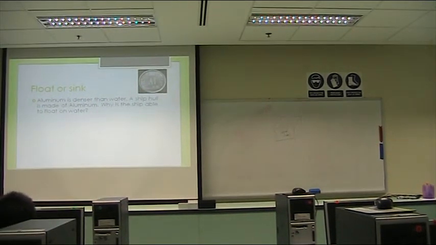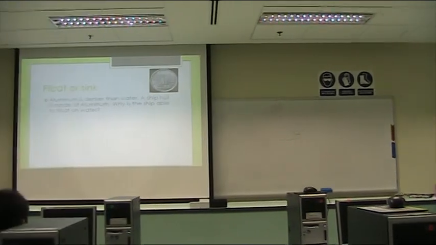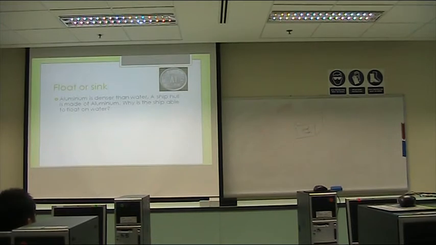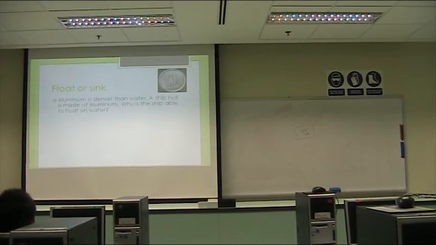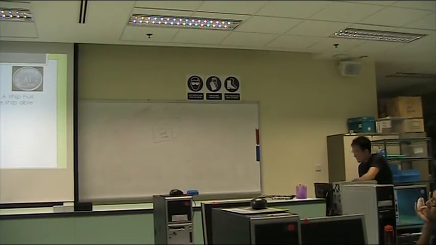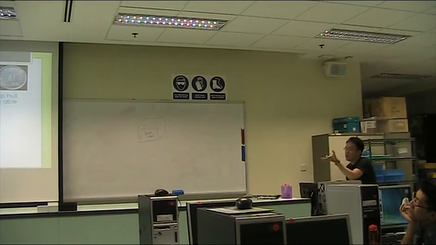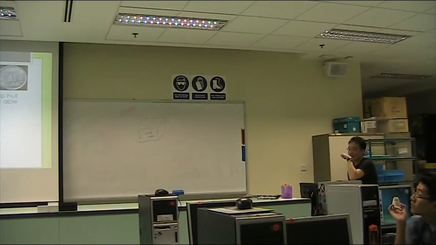Aluminium is denser than water, right? The composite density. Maybe the air inside the ship hull needs to be taken into account as well. Good try. How the ship is actually able to float on water is because of buoyancy.